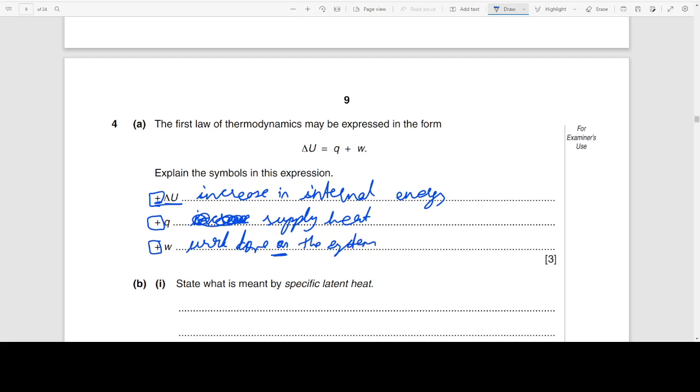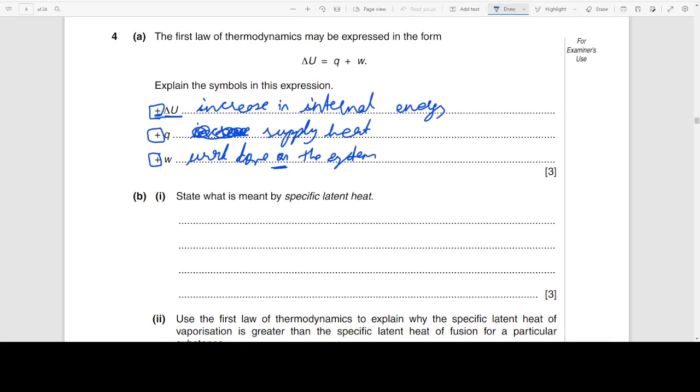Now, state what is meant by specific latent heat. It's for 3 marks. So, specific means per unit mass, and latent heat is just change of state without change in temperature.